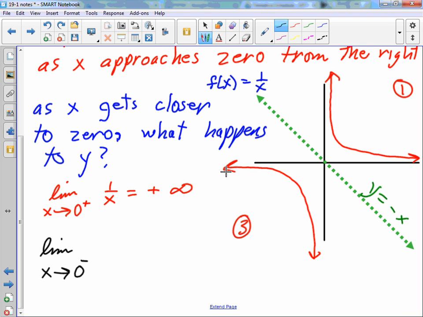So now we're over here. We're getting closer and closer and closer to 0. What happens to y as x gets closer? Negative infinity.